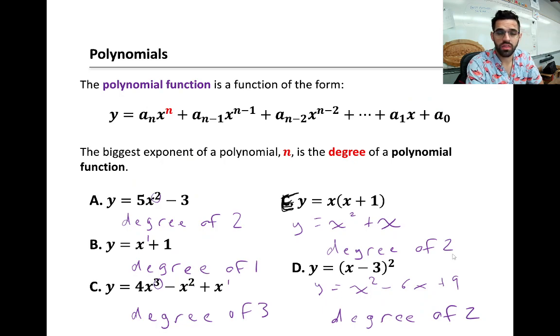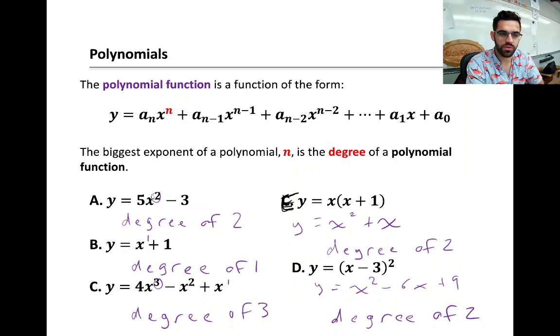Degree. The greatest exponent on any of the x's is what we call the degree. So in standard form, it's the n value. So in example A, there's only one x exponent, and it's 2. Technically, the constant term has x to the power 0, but not important.